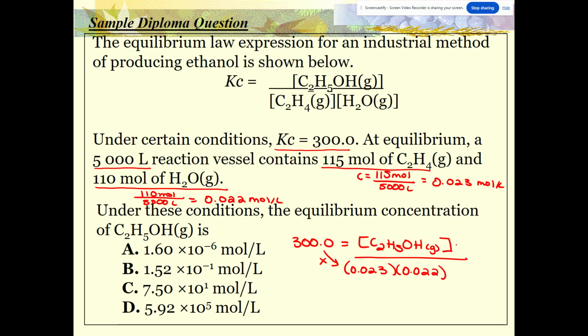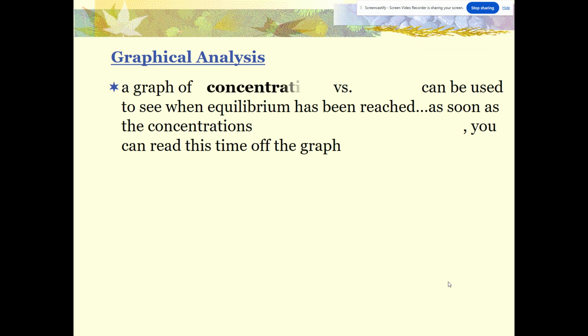And this is not squared. There was no exponent. So when I get that answer, that is the concentration of my C2H5OH, which is 0.1518 moles per liter. Okay, so that gives us an answer in scientific notation of B, 1.52 times 10 to the negative 1.